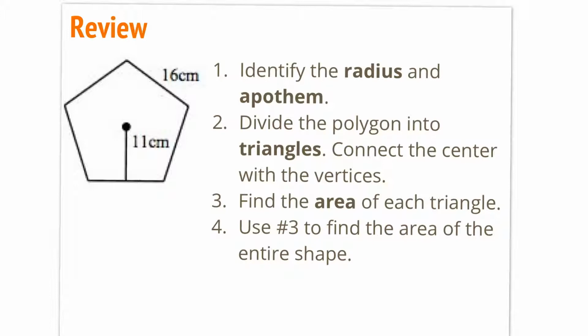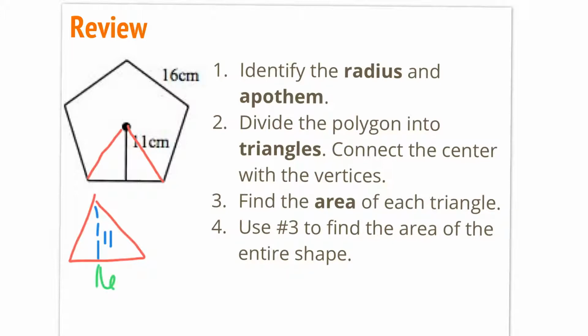So in this case, for example, we looked at this triangle. If you just focus on that, then this right here is 11. This bottom part is 16. Let me change the color.